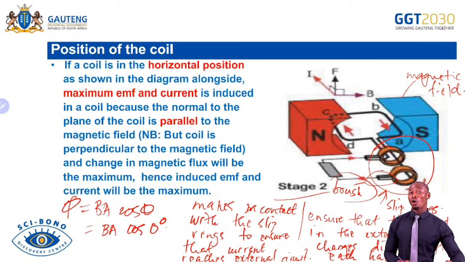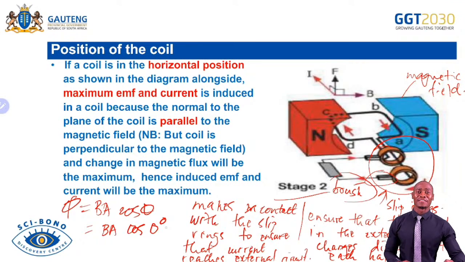So if the coil is in the horizontal position, maximum EMF or maximum current is induced. Why? Because the normal to the plane is parallel to the magnetic field, and theta, the angle between the normal and the magnetic field, will be 0 degrees.